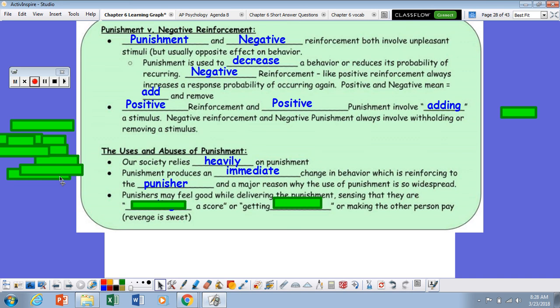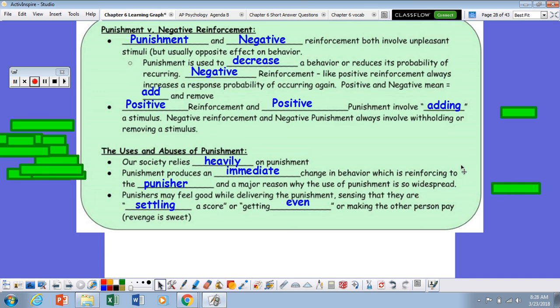The major reason why we use punishment is because it is already so widespread. Your parents probably could talk about some of the ways that they were punished as children, and probably your grandparents too. Punishers may feel good about delivering a punishment, and hence they might be sensing that they are settling a score or getting even for making a person pay for that.